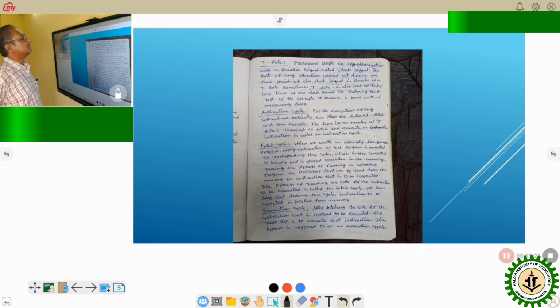Processors work in synchronization with a periodic signal called the clock signal. The part of any operation carried out during one time period of this clock signal is known as a T-state. T is time period. Sometimes T-state is also used to refer to the time of one clock period. For studying the rest of the concepts, it becomes a basic unit of measuring time.